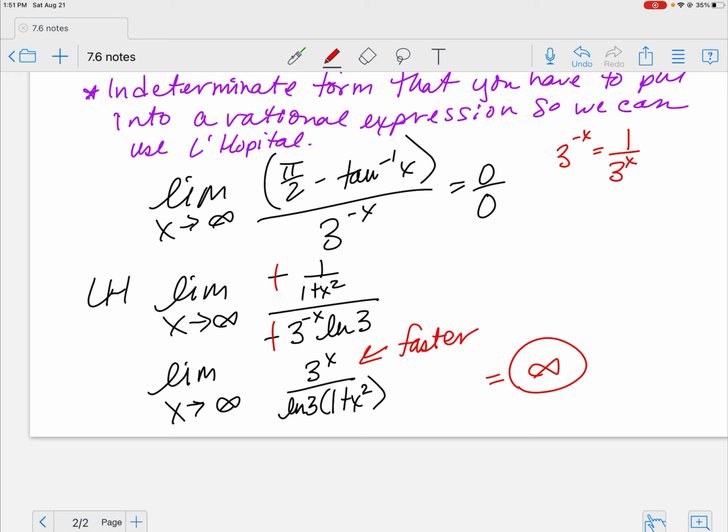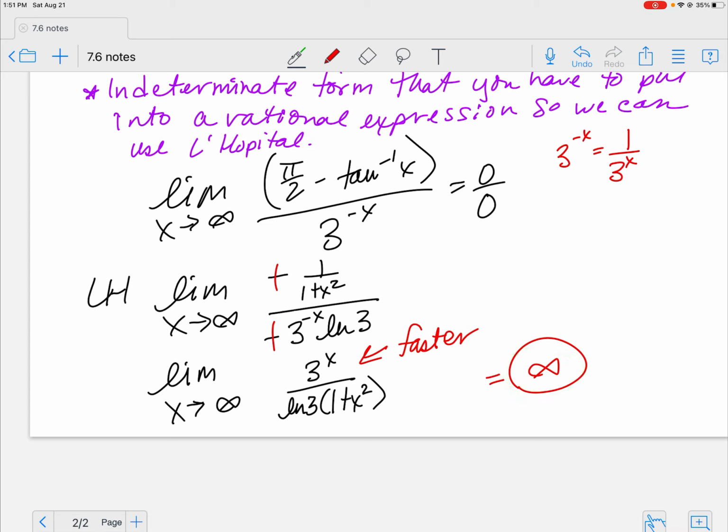So if you can look at that and see that the numerator is racing ahead, you can make that infinity. If this were flipped, and the 3 to the x was down here, and you knew that the denominator was going to race ahead, that puts that infinity in the denominator, which makes the whole thing go to 0.